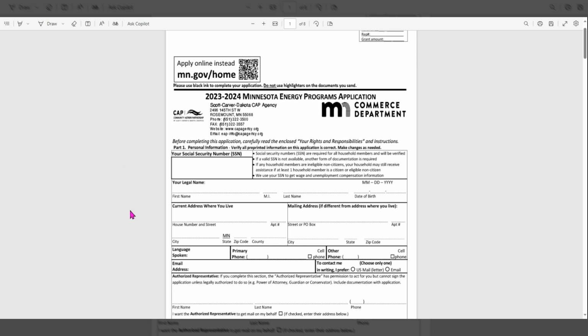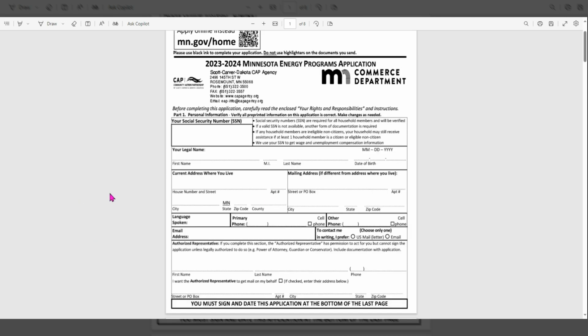Here is for personal identifying information. This is how we know whose application this belongs to. So you're going to put your social security number because as we've discussed in the first few videos, that is imperative for this program. So you'll put your SSN, your name, your date of birth, your address, the language spoken, your primary phone, whether that's a landline or cell phone, a valid email address, and how you want the Energy Assistance Program to contact you.